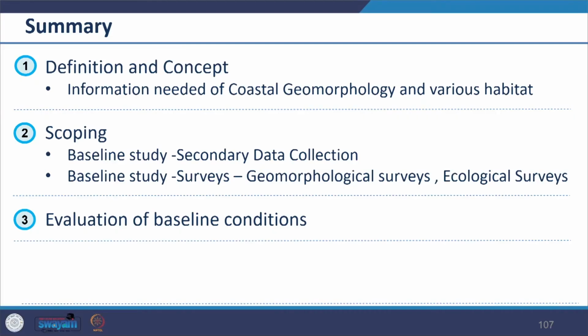So that's all for this session. Summarizing what we covered, we looked into the definitions and concepts, the range of definitions, then what kind of information is needed for coastal geomorphology, the various kinds of habitat, and what you undertake in the scoping, the considerations you have to undertake when you are dealing with the coastal area, then what kind of secondary data you need to collect when you're dealing with the baseline study in the coastal area, what kind of surveys have to be undertaken in this particular domain, and then how you evaluate the baseline condition.